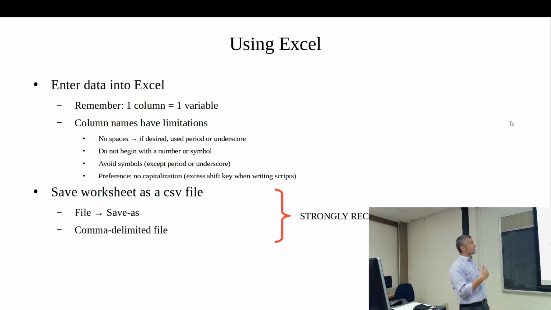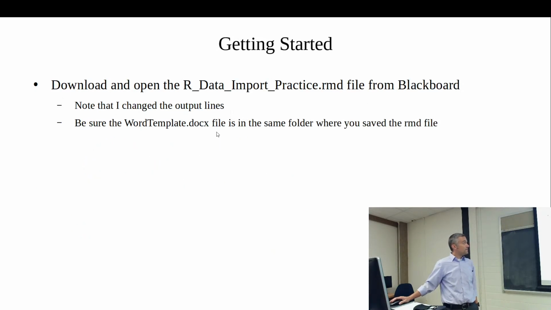But now I go on to how to get the Excel, how to enter data into Excel, how to get it into a CSV file and import it. Now, we don't have to spend an entire class, because some of you probably already know how to save as in Excel, change it to a CSV, and import it.